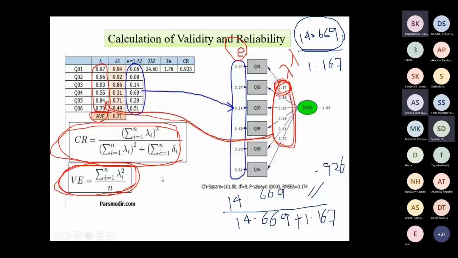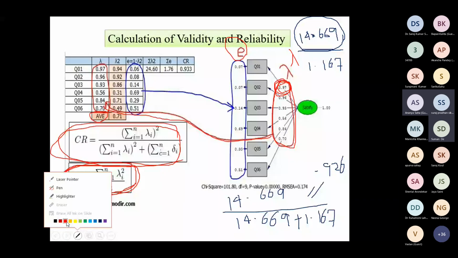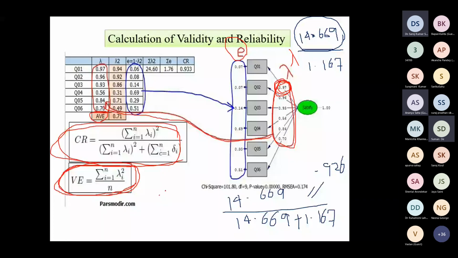Greater than 0.7. AVE is greater than 0.7, and both the MSV and ASV are less than AVE. So discriminant validity is proven. Clear? Clear, sir.